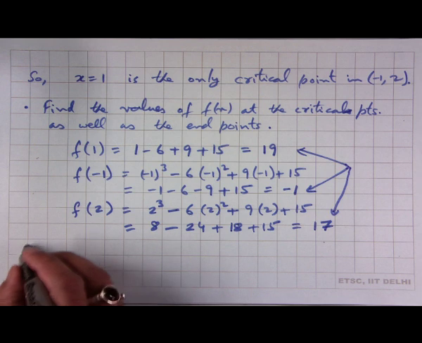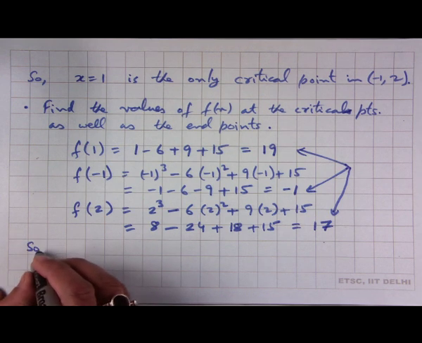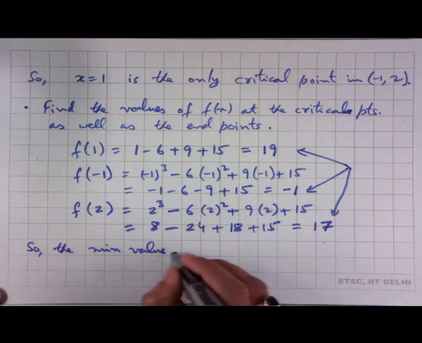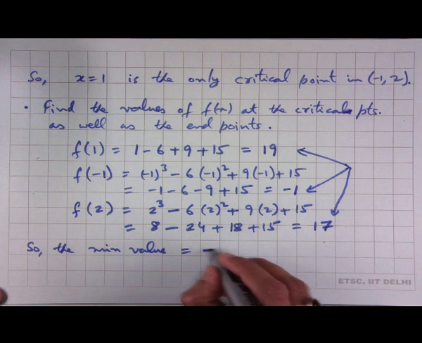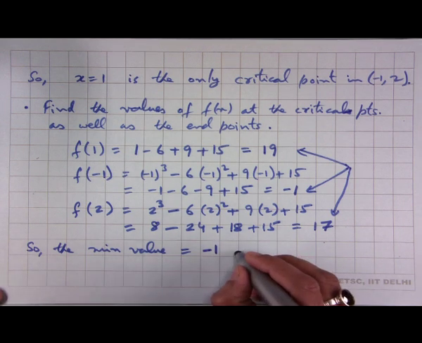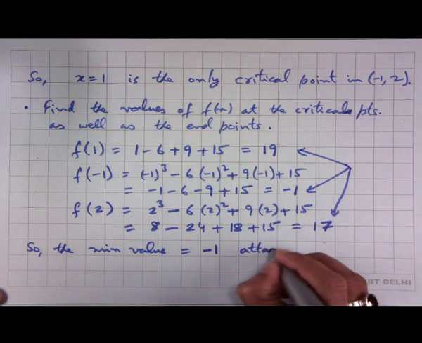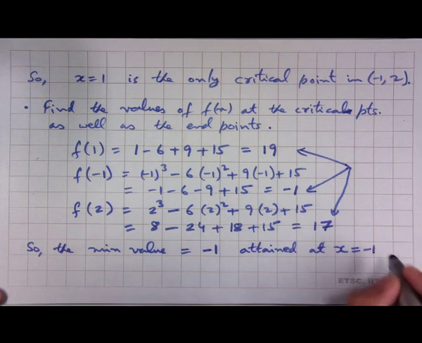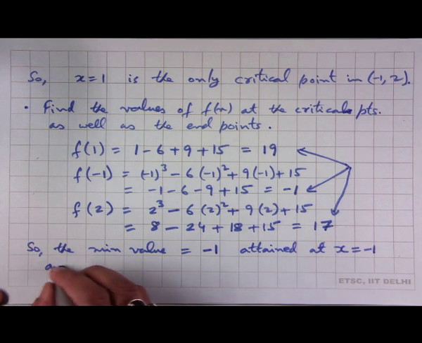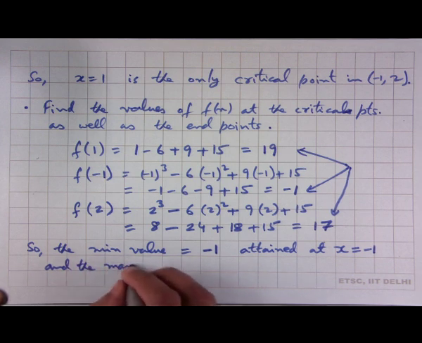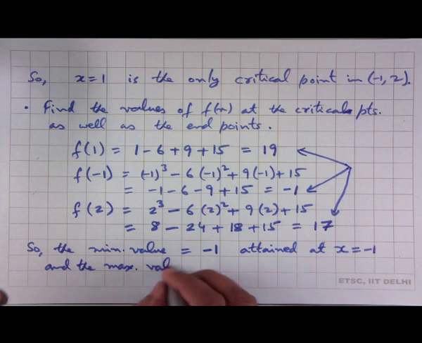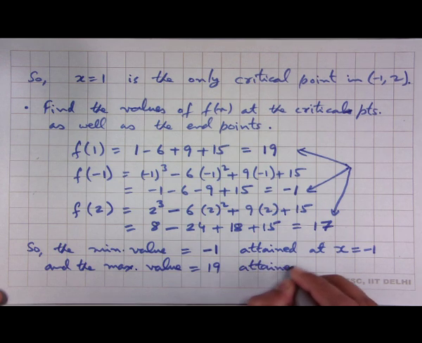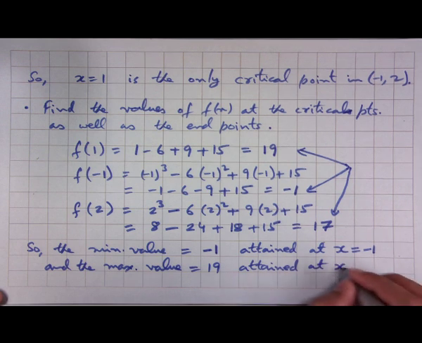So, the minimum value is -1, which is attained at one of the endpoints, -1, and the maximum value is 19, which is attained at the critical point x equal to 1.